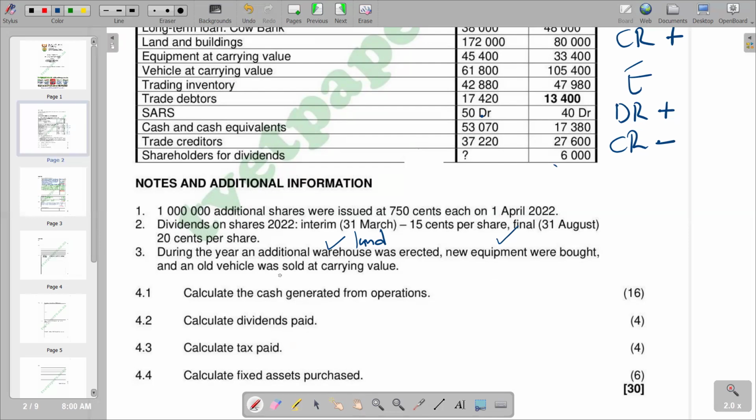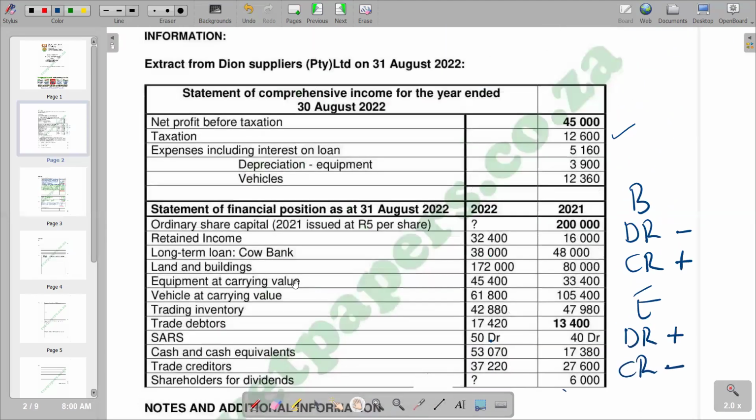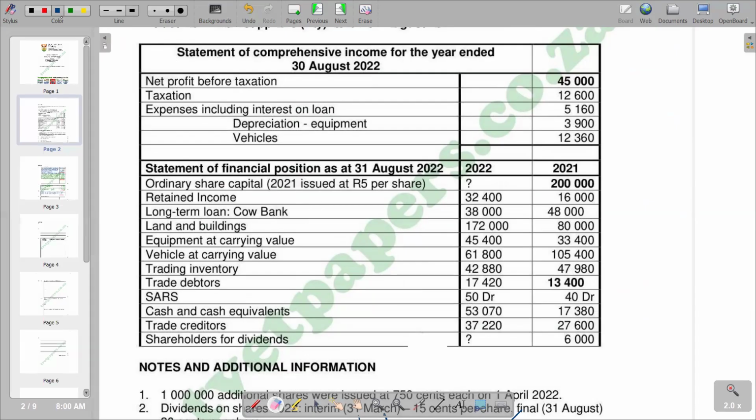So we can start with the additional warehouse, whereby we check the balances that we have for land and buildings. For land and buildings, we have got 80,000 at the beginning of the period, and then it increased to 172,000. So that's where we've got the additional amount which was purchased. So we've got 172,000 minus 80,000.